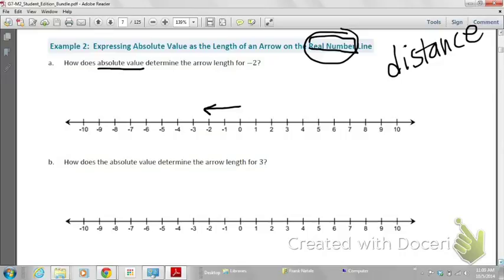The distance from 0 here is actually 2 units. So absolute value determines the arrow length for negative 2 by being 2 units. So the absolute value is 2 units.